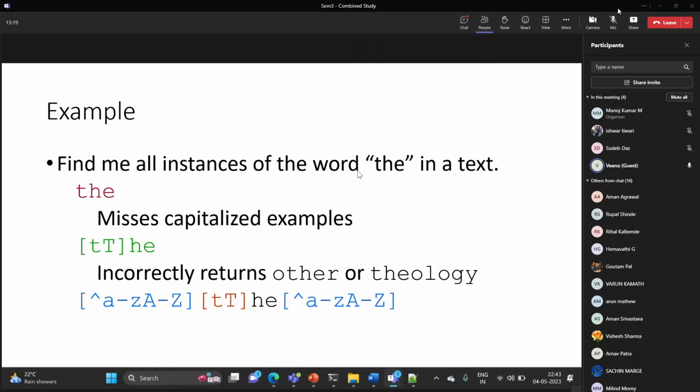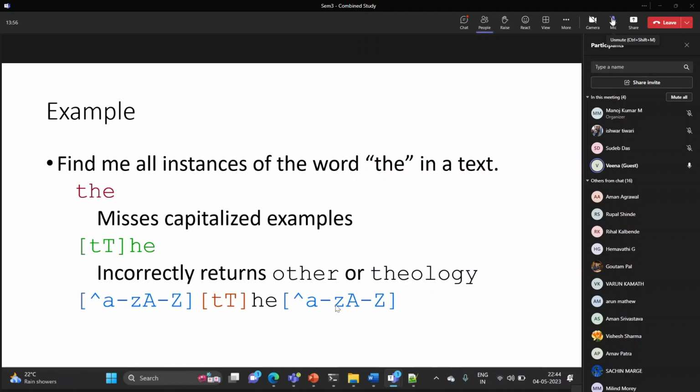Find me all the instances of the word the in the text. If we just write t-h-e, then it will miss the capital one. So we need to write T and t, THE. If we do this, the issue we mentioned before is that other and theology words will also match. So we need to put conditions: there is no alphabet before THE and after THE.